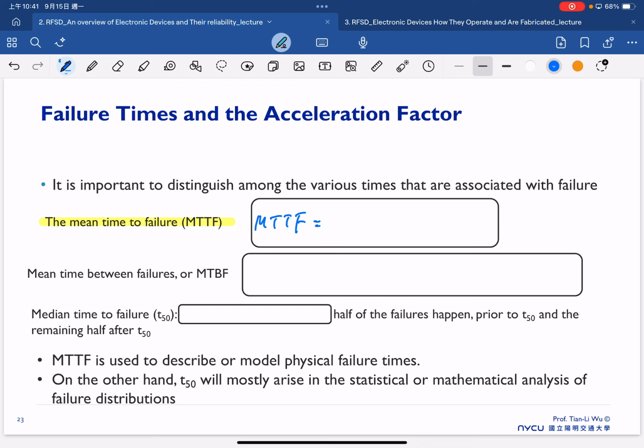Just to use an example, you will probably get more sense of it if we consider TDDB reliability.